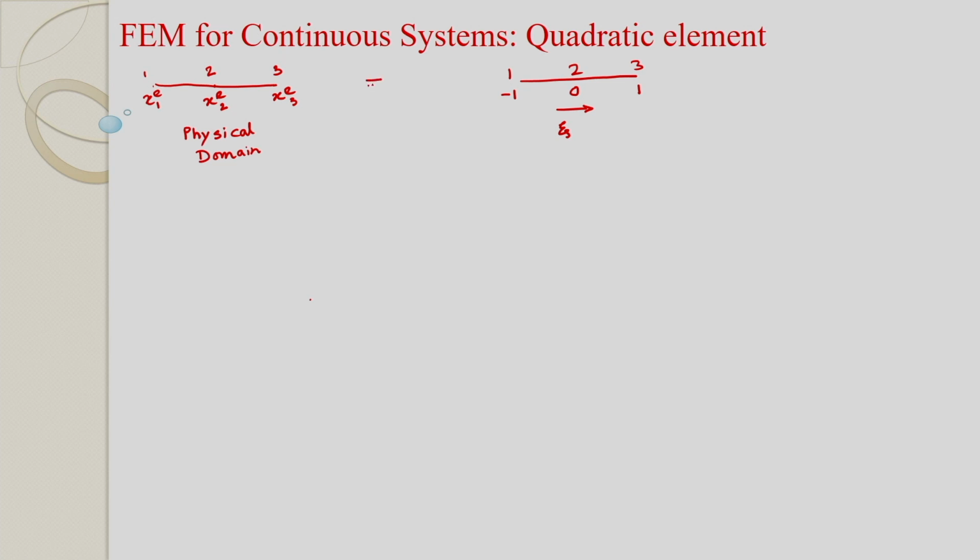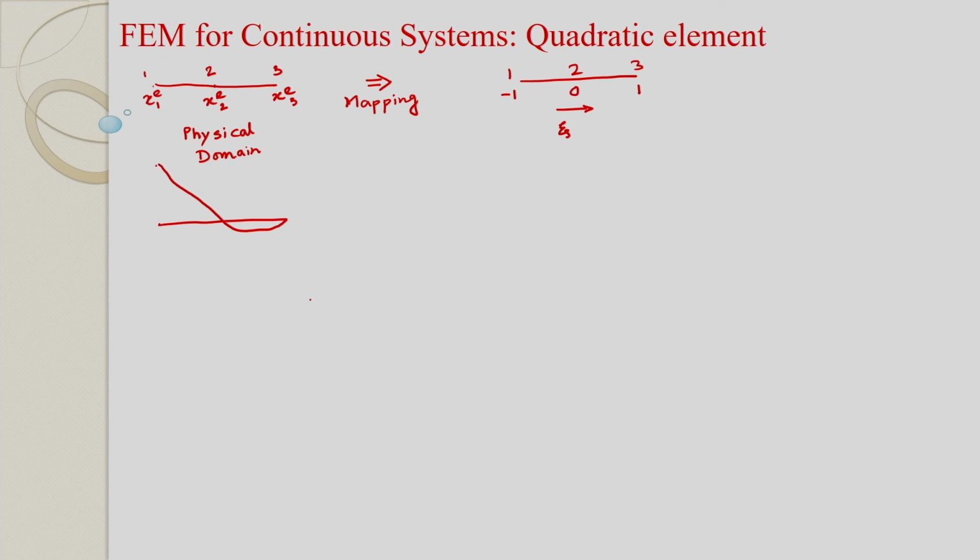So, this mapping is involved in the quadratic element. Let us first understand the corresponding shape functions. This is a continuous quadratic function.